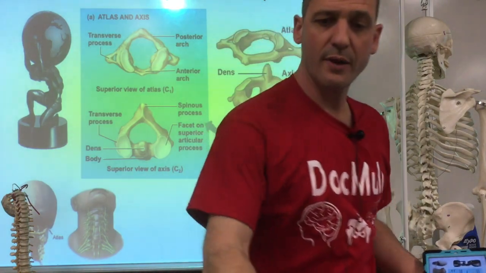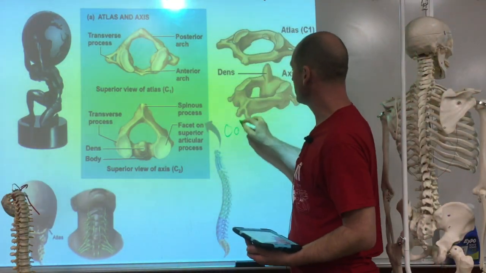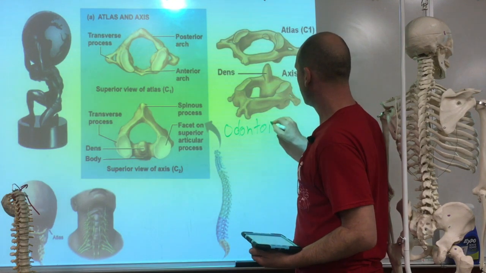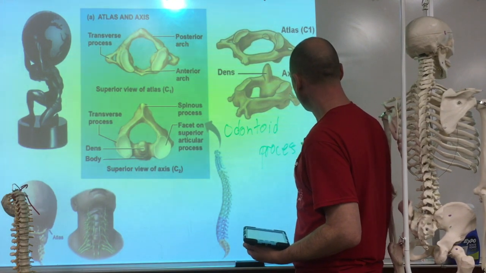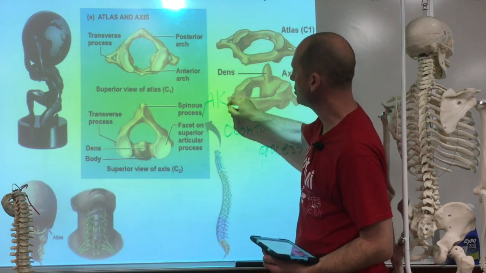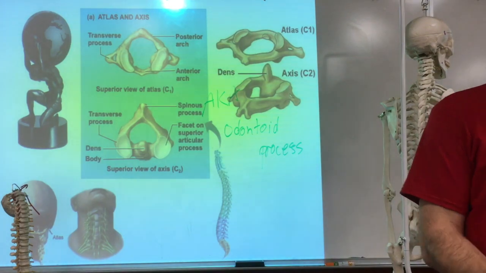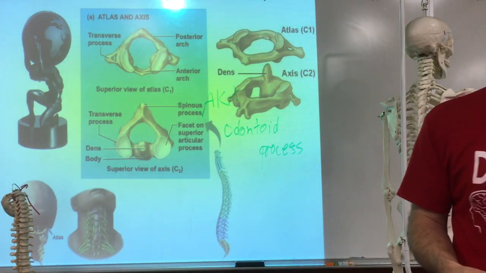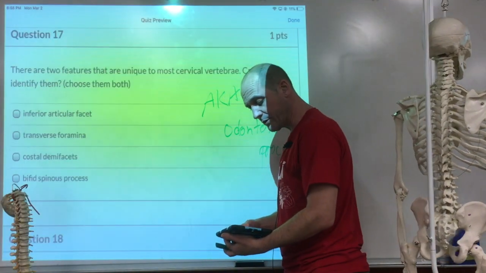Another word they use for that is odontoid process. So if you see that, it's an AKA, also known as, for that. You know what AKA means, right? Good. All right, let's go to the next one.